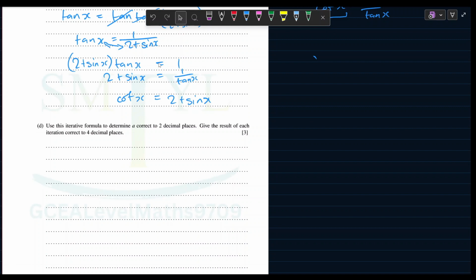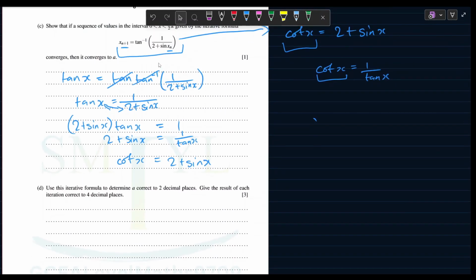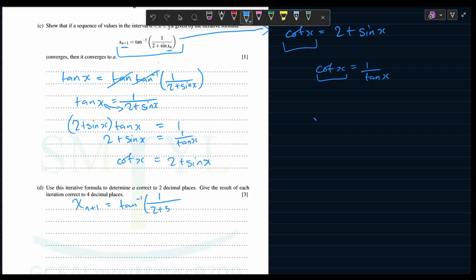Give the result of each iteration correct to 4 decimal places. All right, so we've got our iterative formula x n plus 1 is equal to arctan of 1 over 2 plus sine x n. Okay, we need an initial value that I'll call x0.